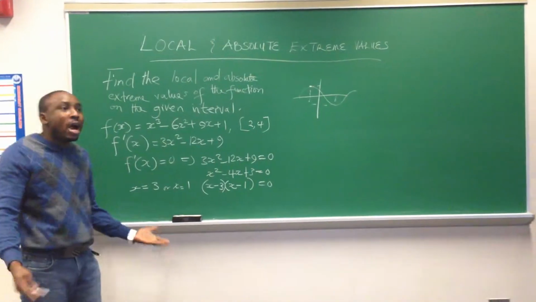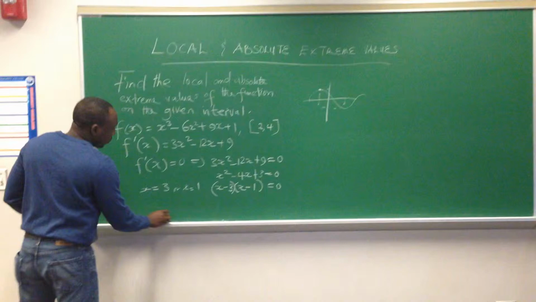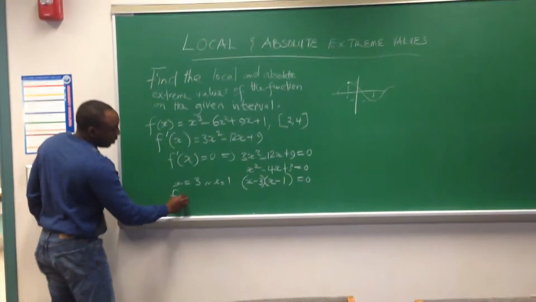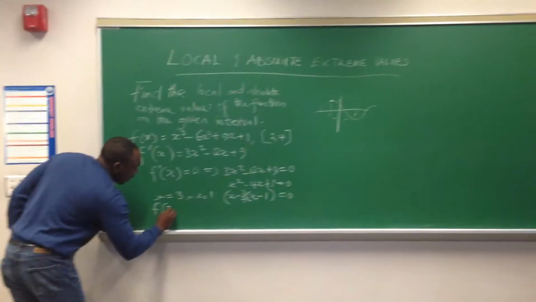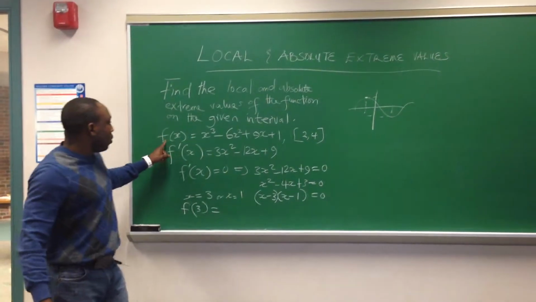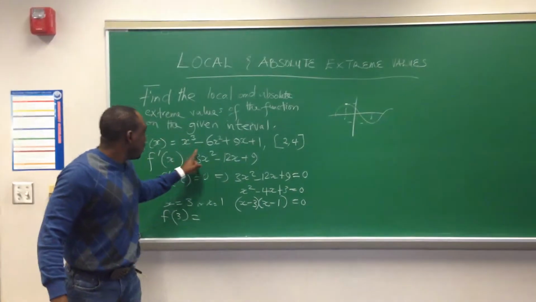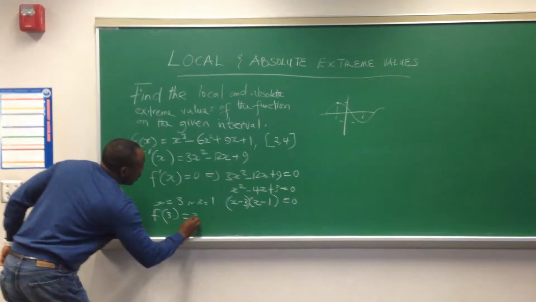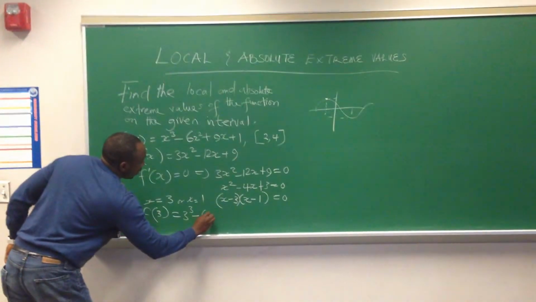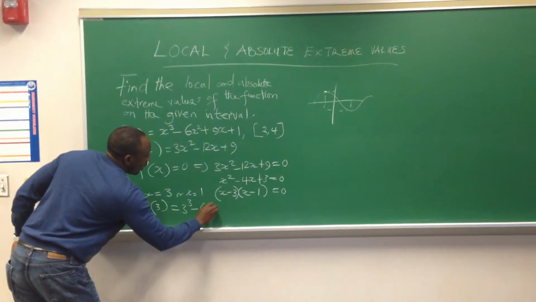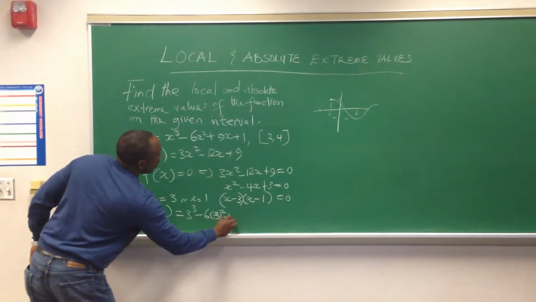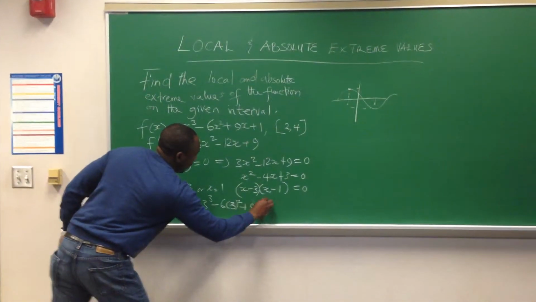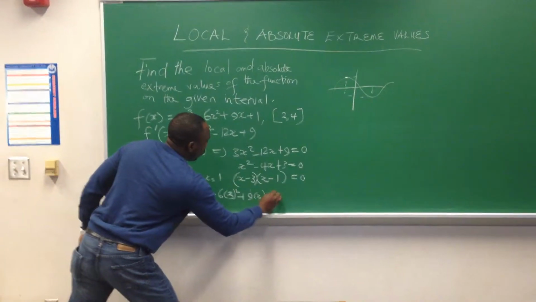Now what we do next is plug in these values of x to find the corresponding y value. When x is 3, what is y? Putting x equals 3 into this function, I get 3 raised to power 3, minus 6 multiplied by 3 squared, plus 9 times 3, plus 1.